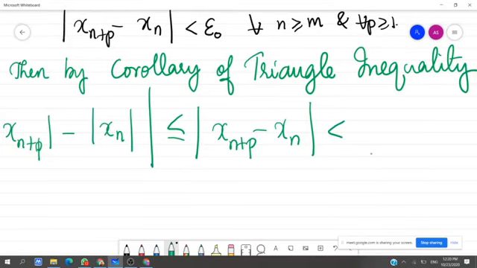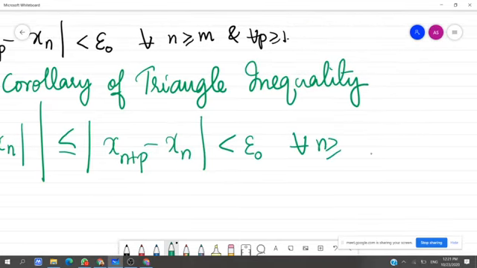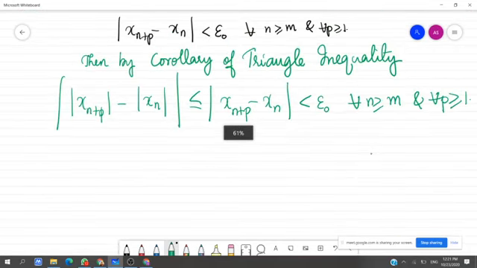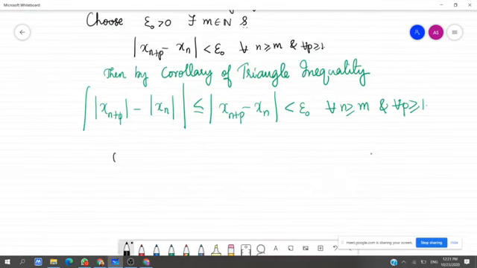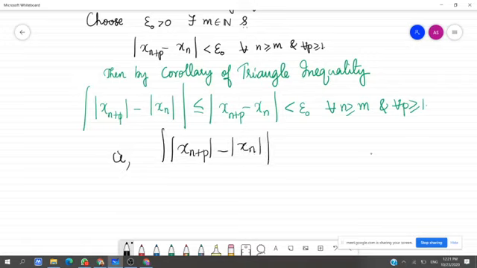So this is less than epsilon naught for all n greater than or equal to m and for all p greater than or equal to 1. Thus we have that is, modulus of xn plus p minus modulus of xn, this absolute value is less than epsilon naught for all n greater than or equal to m and for all p greater than or equal to 1.